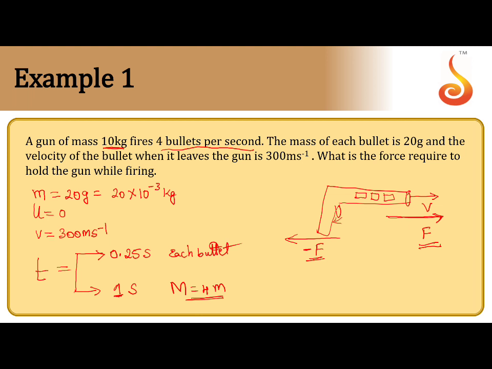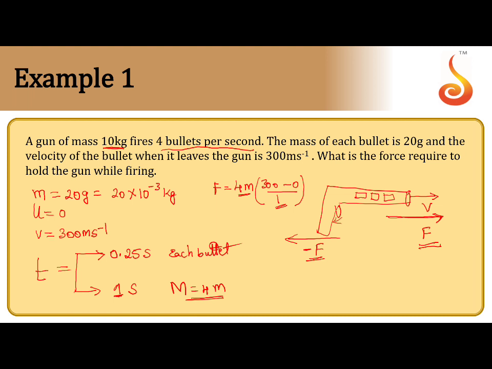So therefore, if you use in the formula F equal to 4m into (300 minus 0) divided by time, which is 1 second. I have taken time to be 1, therefore 4 times the mass. So mass of each bullet is there.